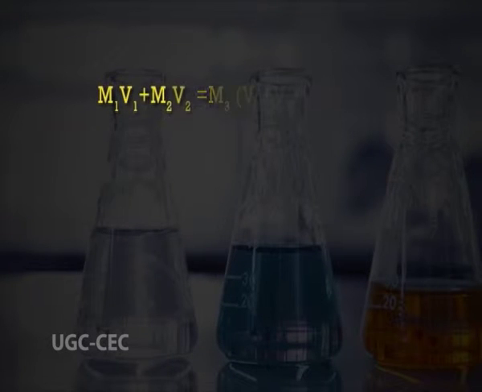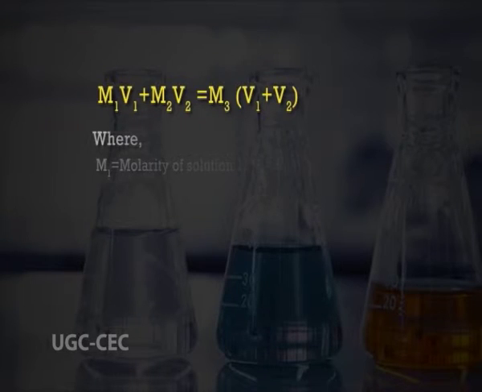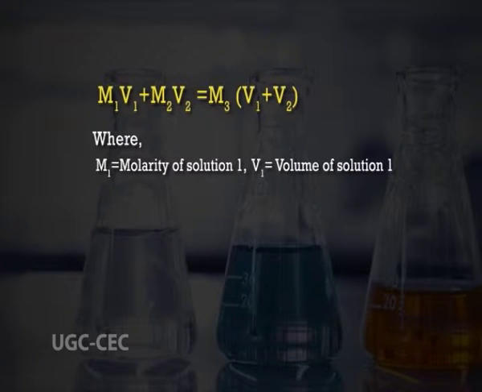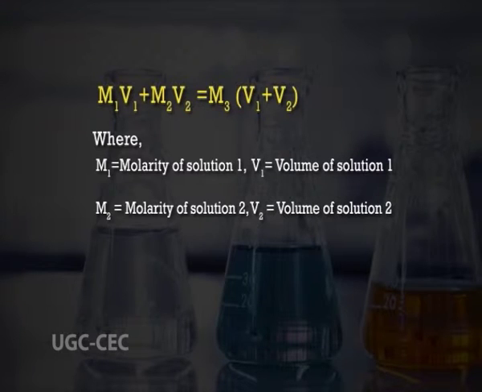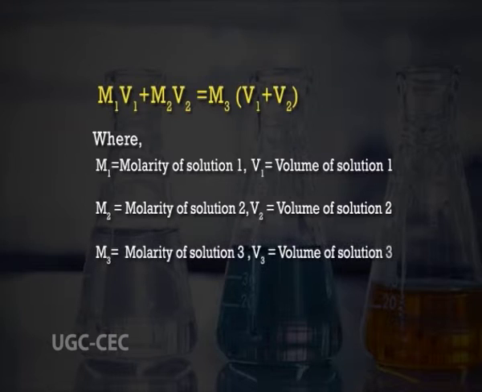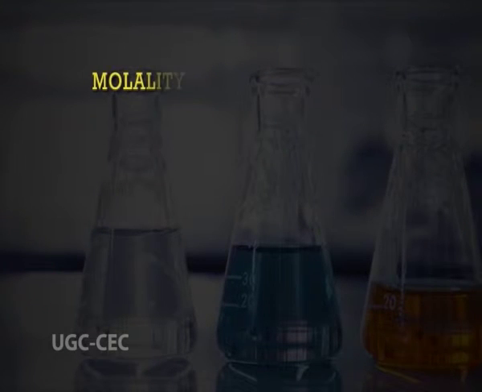The molarity of the resulting solution of two solutions can also be calculated by using the formula M1V1 + M2V2 = M3(V1 + V2), where M1 is the molarity of solution 1, V1 is the volume of solution 1, M2 is the molarity of solution 2, V2 is the volume of solution 2, M3 is the molarity of solution 3, and V3 is the volume of solution 3.